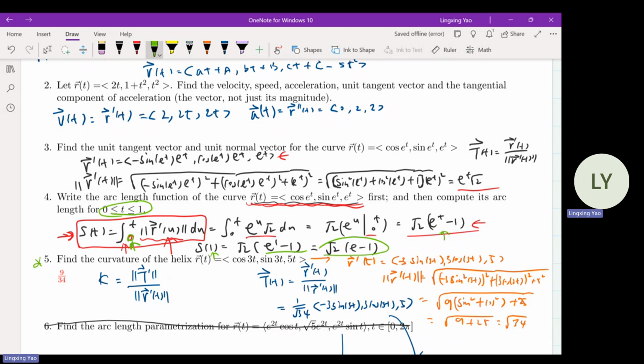The next important topic is the so-called curvature. The curvature for this could be computed in two different ways, because this is not the arc length parameterization for sure. So this is the first way: you compute the unit tangent first, take the derivative of the unit tangent, compute the length of it, and then divide it by the length of the velocity vector or the tangent vector, which are the same thing.